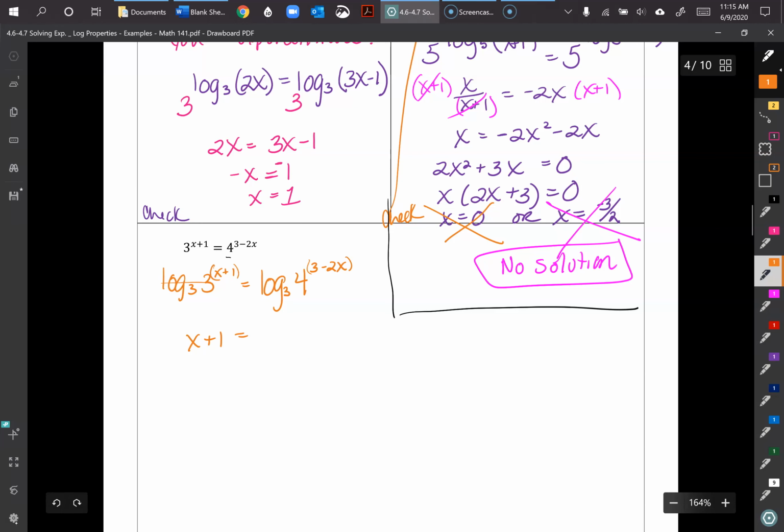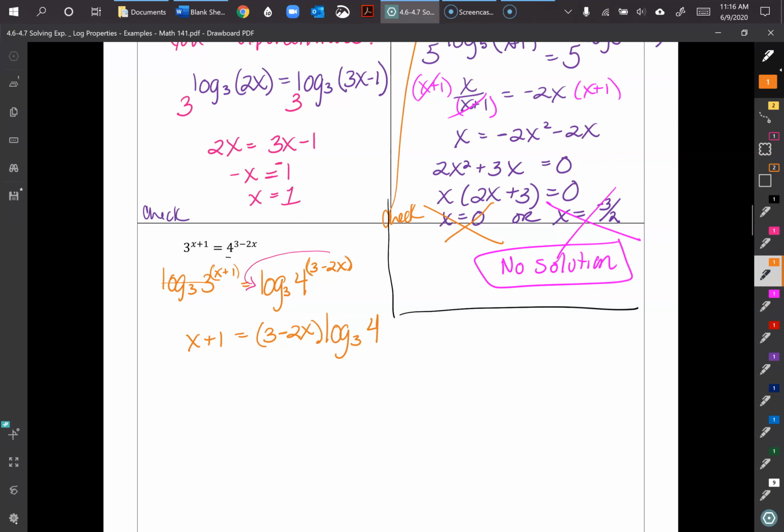Now I'm just going to put these in parentheses here when you're using the properties too. So I'm going to actually bring this down. I'm going to use that property there where I can bring that down in front as a coefficient. 3 minus 2x log base 3 of 4.